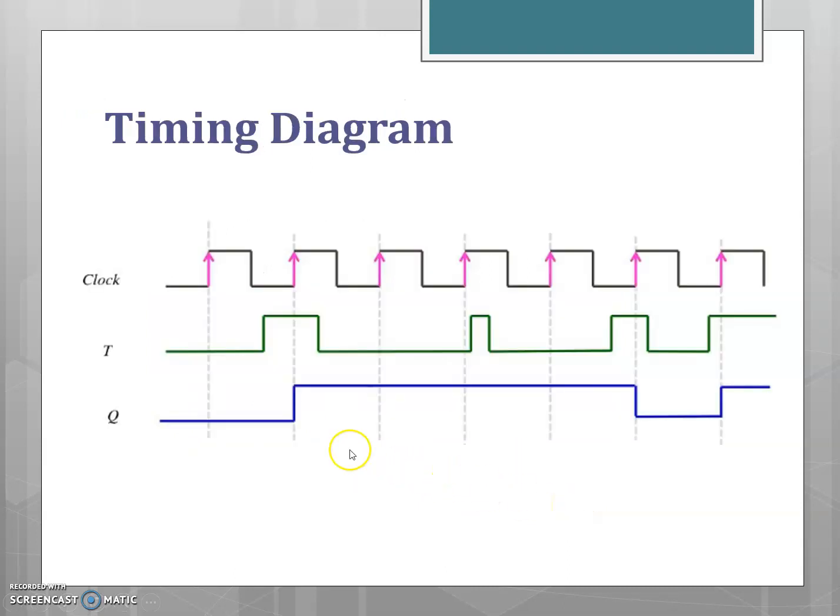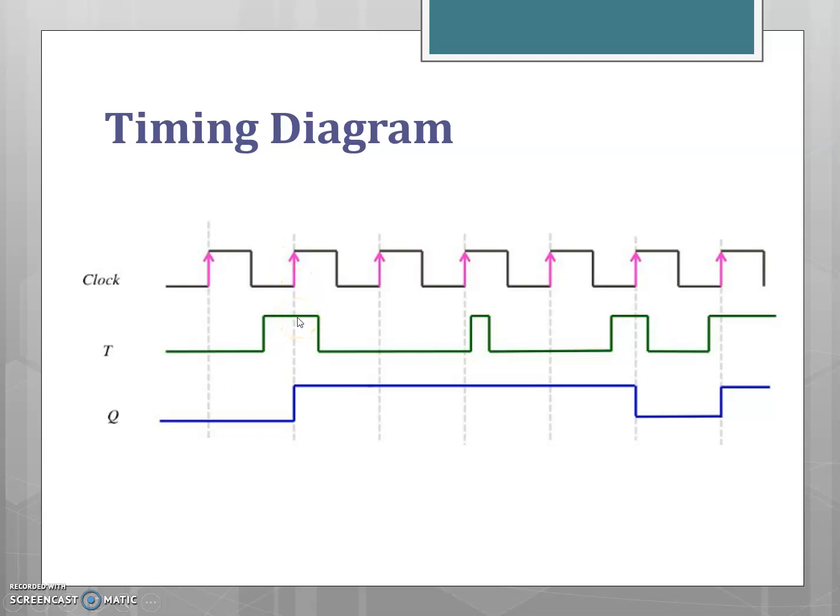So now representing using the waveforms, the input is T. For the rising edge of the clock, if T equal to 0, the output is the same as the previous value. The previous value is 0, so at the rising edge of the clock, it is again 0. And for the next rising edge, T is equal to 1.